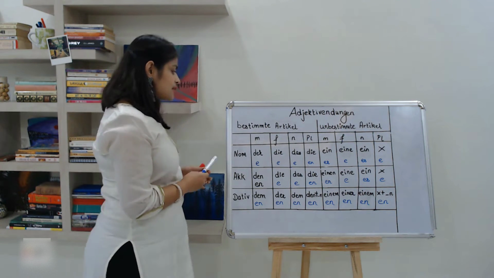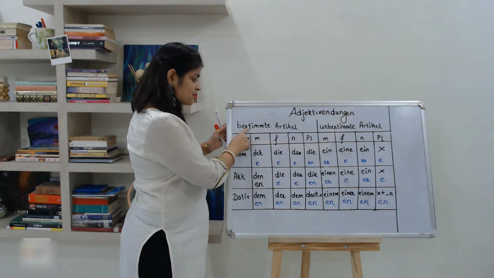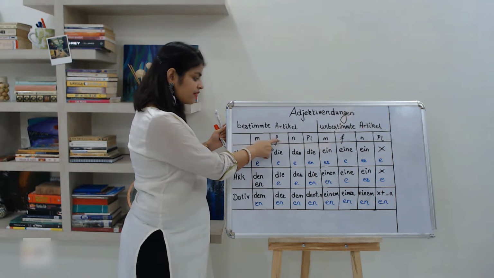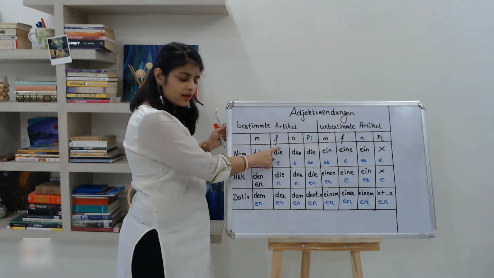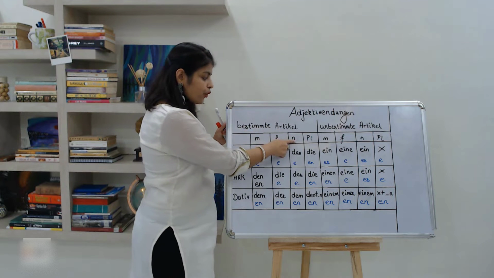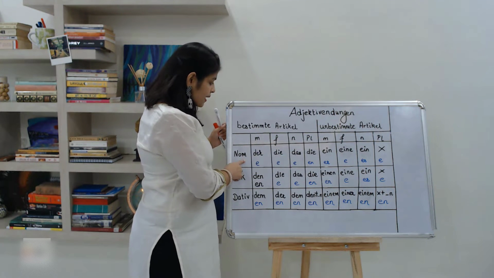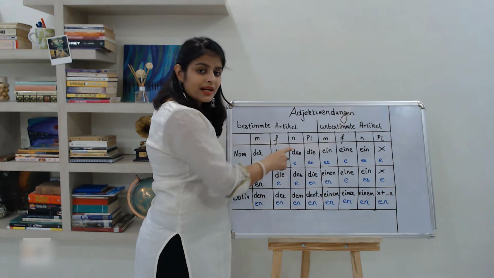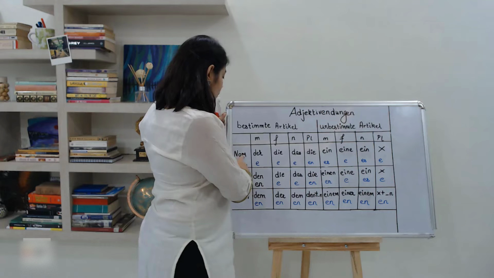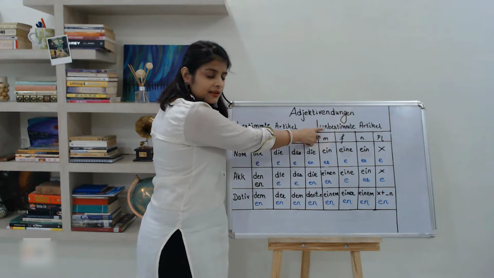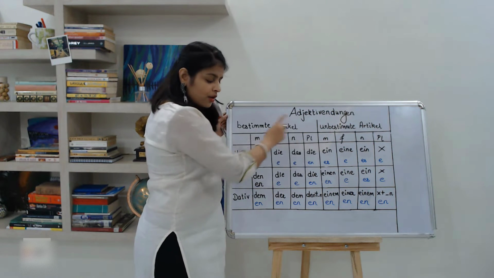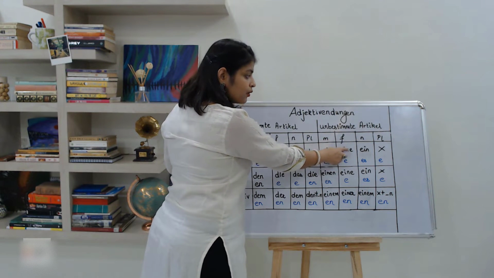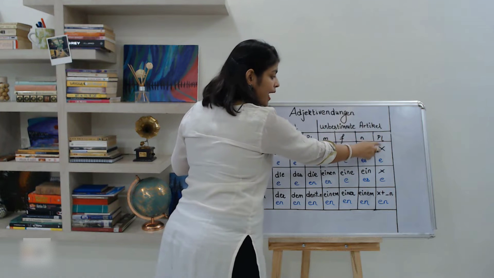So, as you can see over here, Nominativ bestimmte Artikel maskulin ist der und feminin ist die, Neutrum ist das und Plural ist die, und gleicherweise Nominativ unbestimmte Artikel maskulin ist ein, feminin ist eine, Neutrum ist ein und Plural nix.